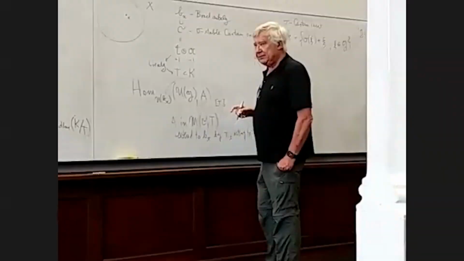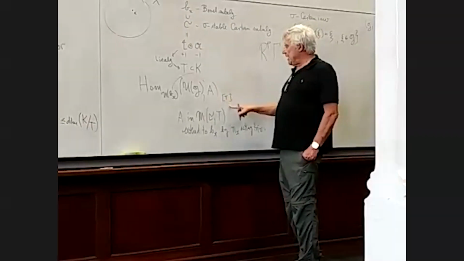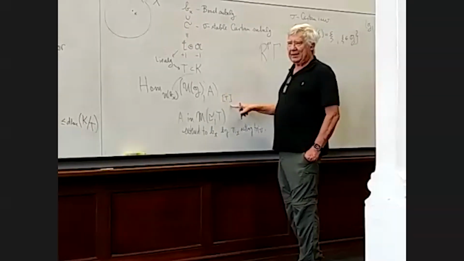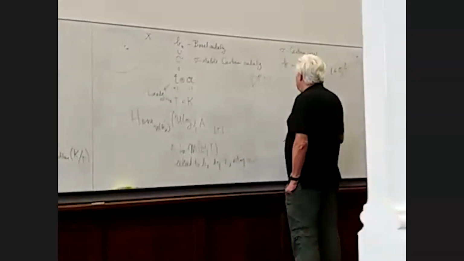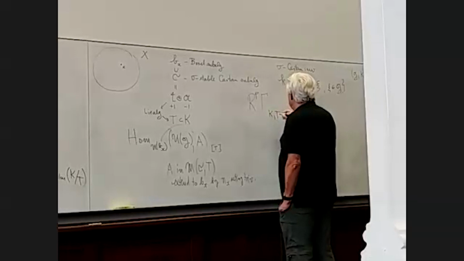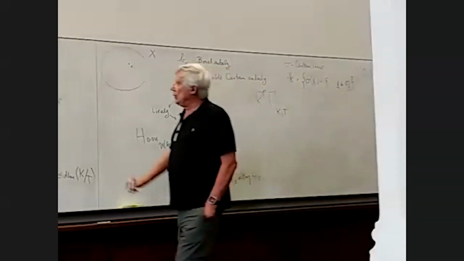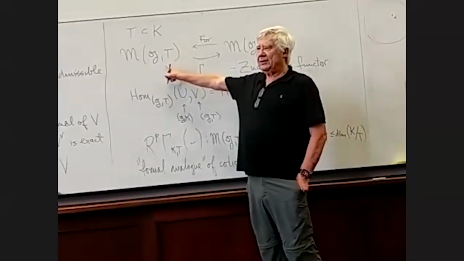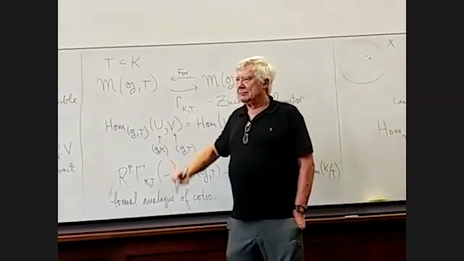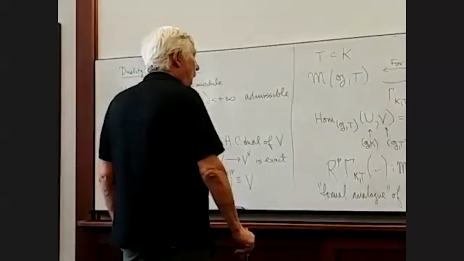Poincaré lemma, it is exact. So, I mean, here you take a T-finite part of this form. Why are we taking the T-finite part? I mean, just to be in this category. Yeah, but why not the K-finite?